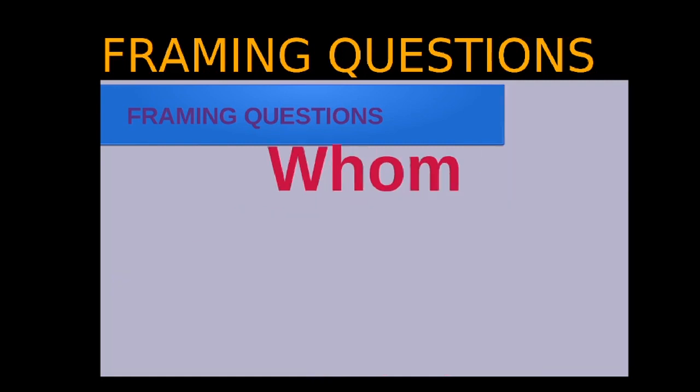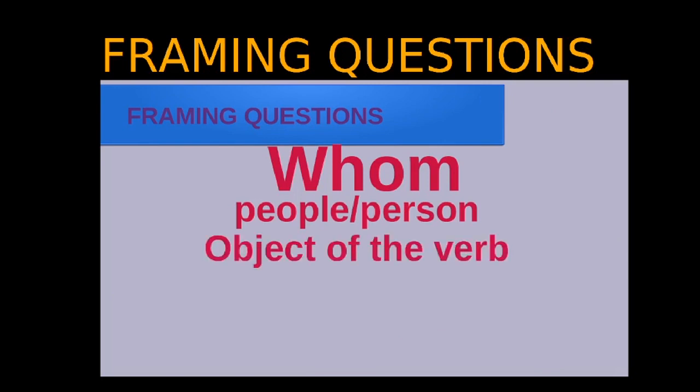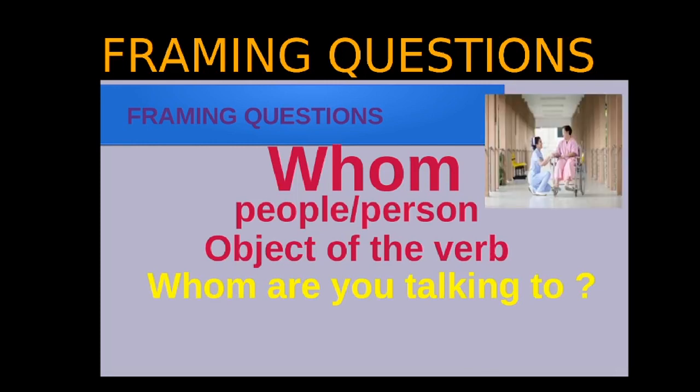Next is whom. It's about people or person, but it is in the object of the verb. It comes in the object position. Whom are you talking to? So you can say, I am talking to Rishikesh, or I am talking to Siddharth.